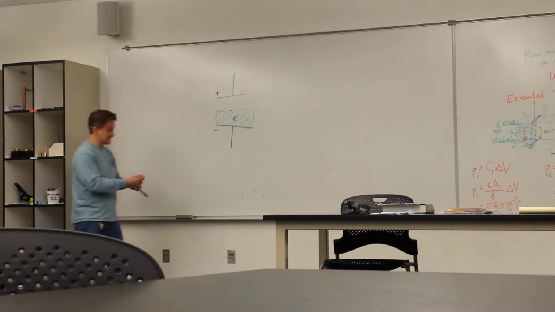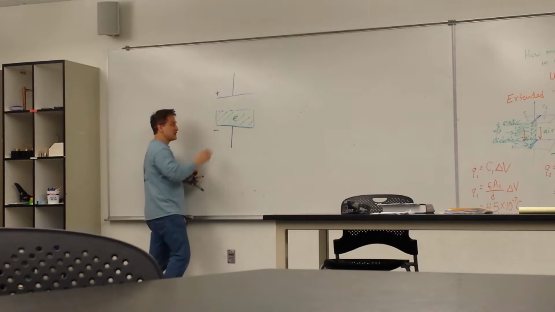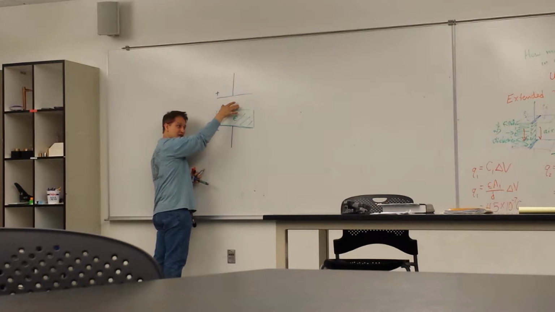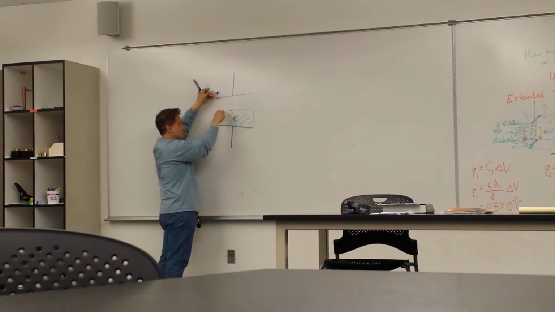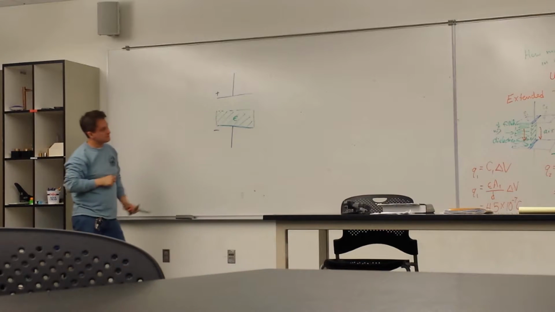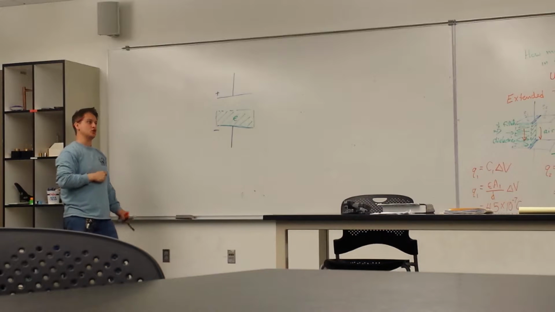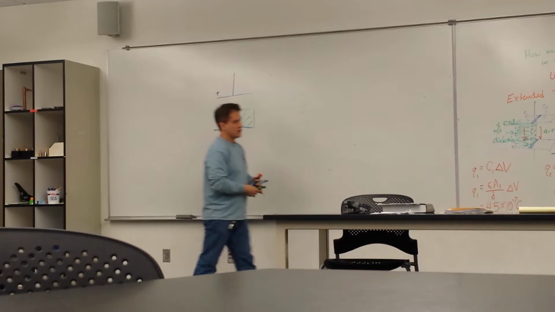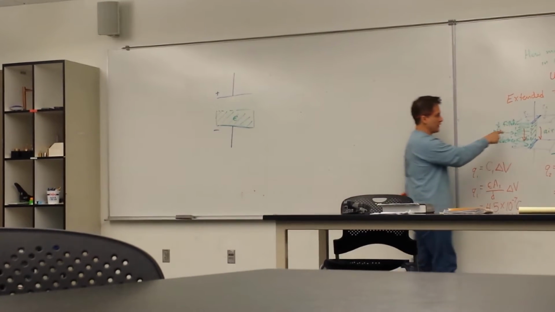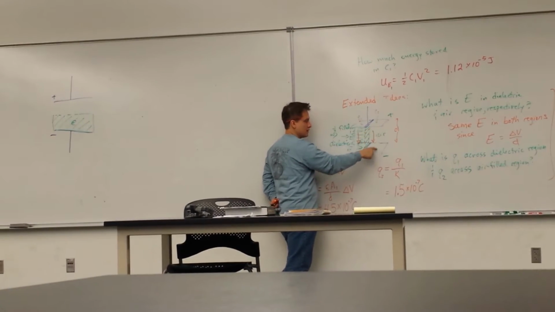Tough one to think about, isn't it? So you build up charge, and as you build up charge, your electric field has to be the same through this thing. Well, think about it this way. How did the net electric field change when you had an air-filled capacitor this way and this way?